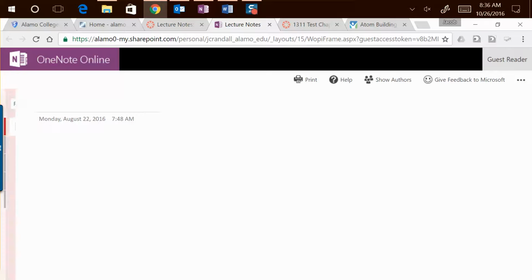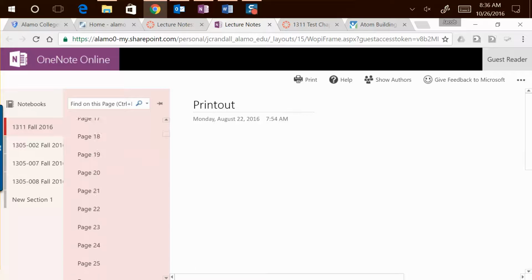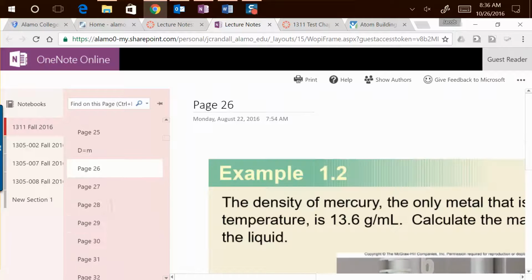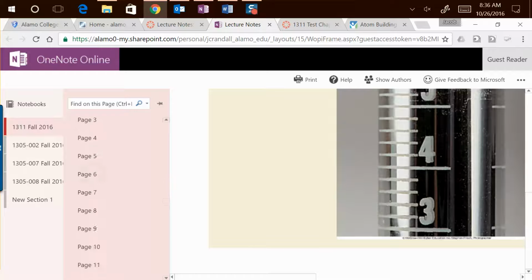Okay, so if you click on that little three boxes, you can go to your class, 1311, and then go through the different pages of notes, and it'll pull them up. There's a lot of stuff on here.